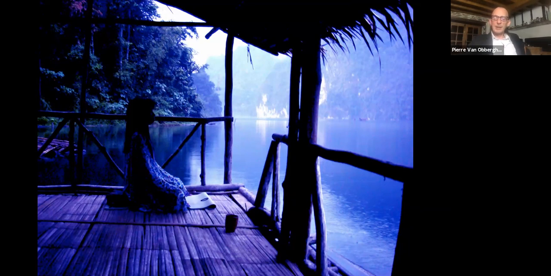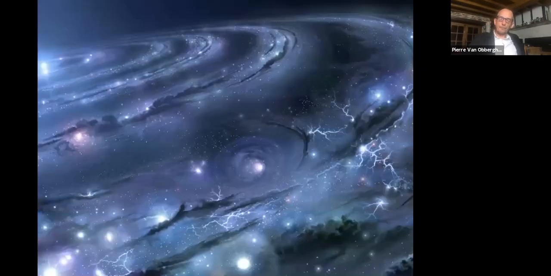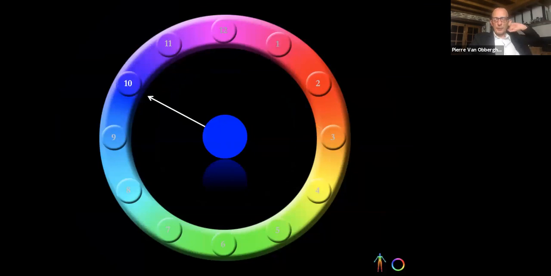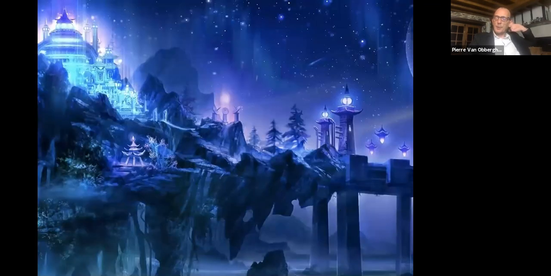So people who like deep blue, they like to go deep inside the subject they are learning. They like to go deep inside psychology, and they like to go deep inside meditation. It's a very harmonious color. So it's related to harmony.